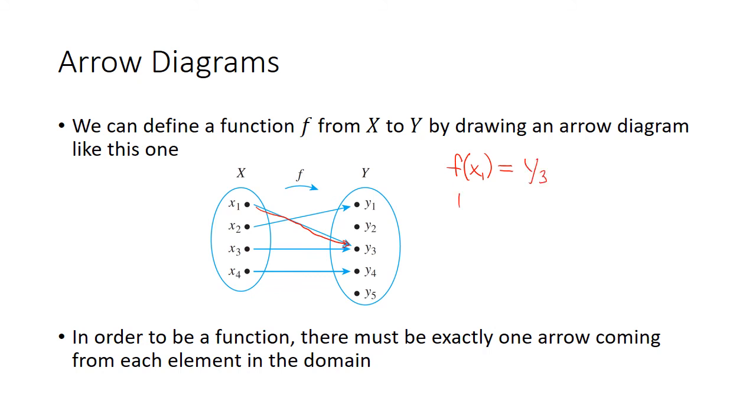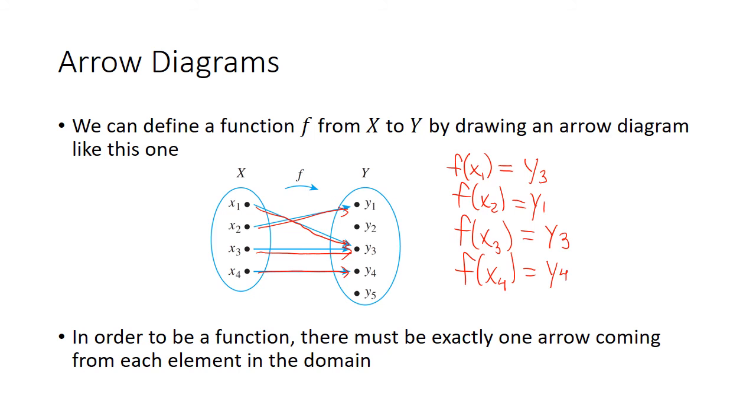And for another example, f of x2 is, just follow this arrow, that's y1. f of x3 is y3. And f of x4 is y4. Okay, so that's how the arrow diagram works.